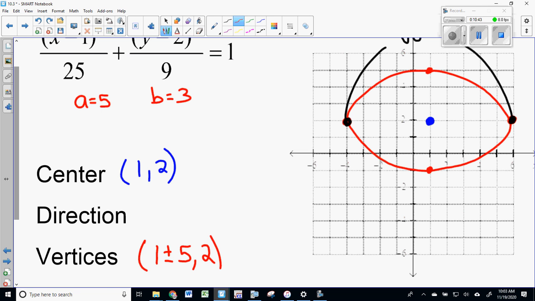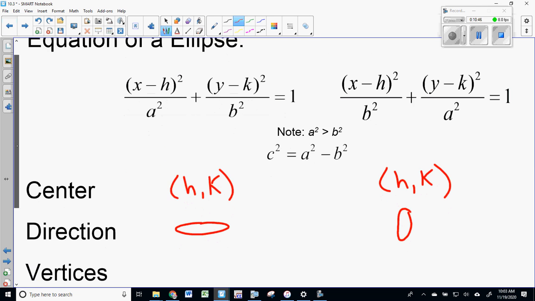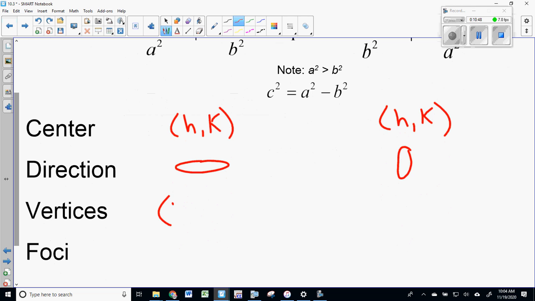Now, if I go back to my formulas, my vertices here are going to be H plus or minus A, K. Your vertices are always the long way. So what if your A is underneath your Y, and your long one is up and down? Now you're going to add A not to H, but to K. So over here, my vertices are there.